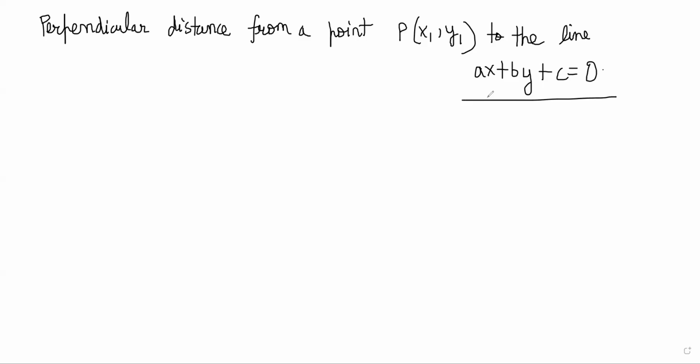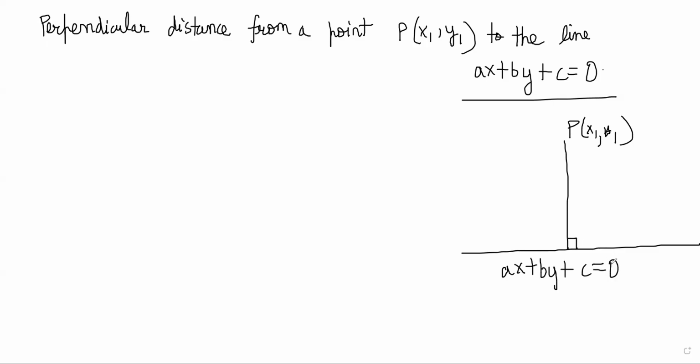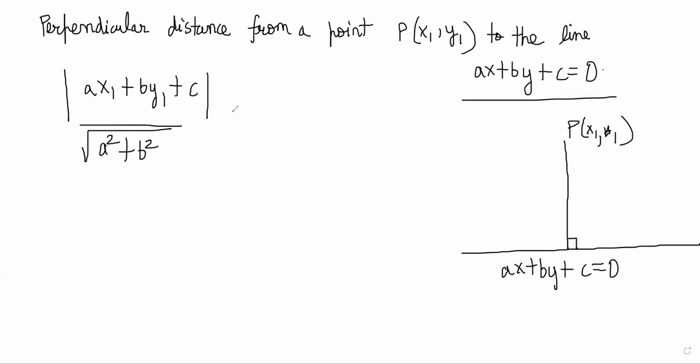So what we need to do here is actually find the length of the perpendicular from P x1, y1 to this line ax plus by plus c equals 0. The formula for this comes out to be this: mod of ax1 plus by1 plus c divided by root over a square plus b square. That is the length of the perpendicular.